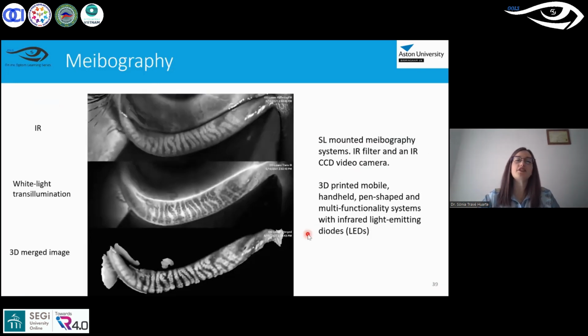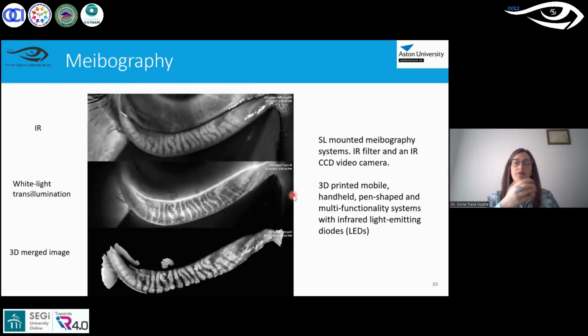And then there are different ways to do meibography. The most important thing is that you need infrared light, and you need a sensitive device, a sensitive CCD camera, but it has to be infrared sensitive. Otherwise, you may not be able to see it. I'm showcasing these images because they are done in infrared light, but we also have transillumination, where we shine a light through the lid, and it shows the Meibomian glands in a reverse manner.